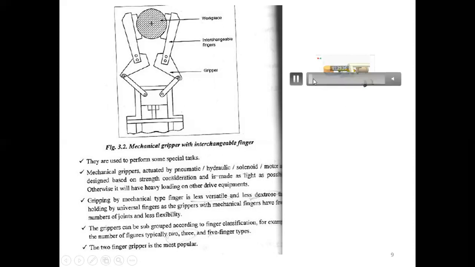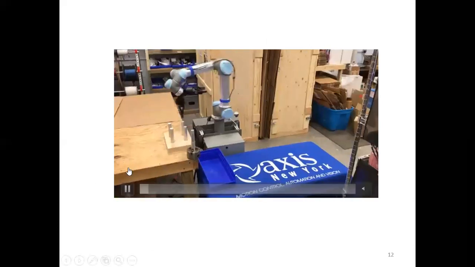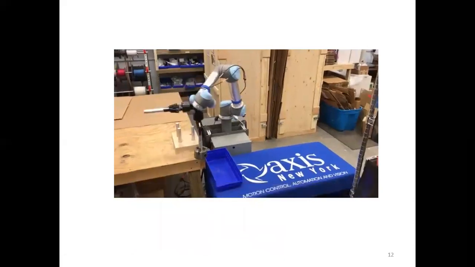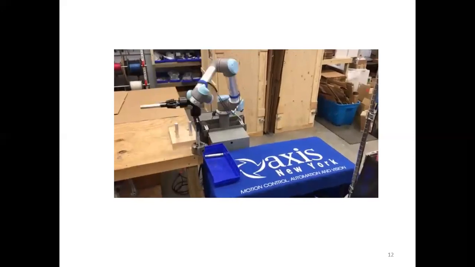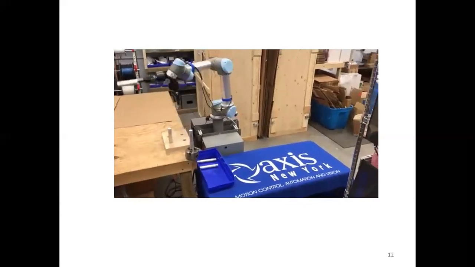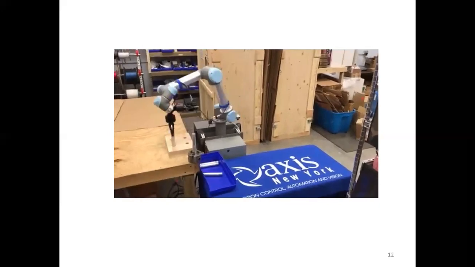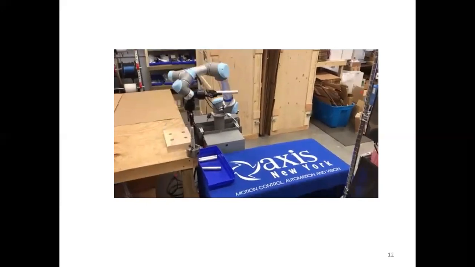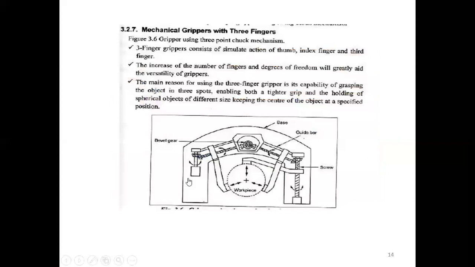This is a simple mechanism of one of the robots that works in a pick and place operation. This is another type of gripper.